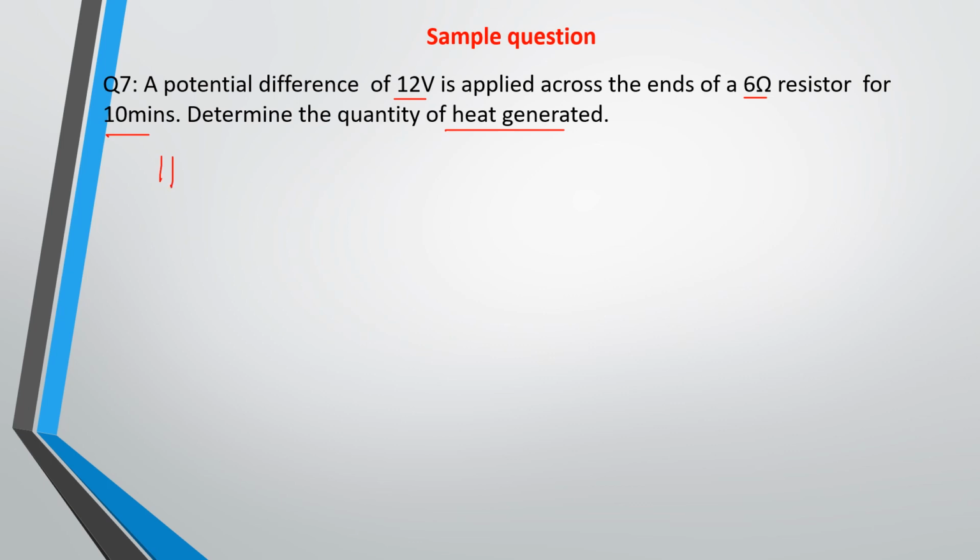Heat energy is equal to IVT, or it is equal to I squared RT, which is equal to V squared T all over R. So among these three equations, the one that applies is this one.